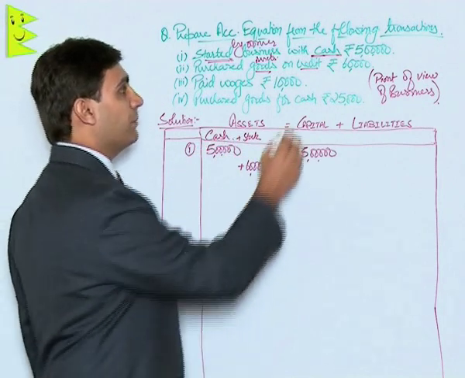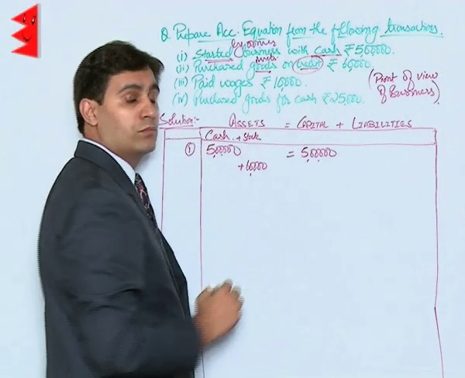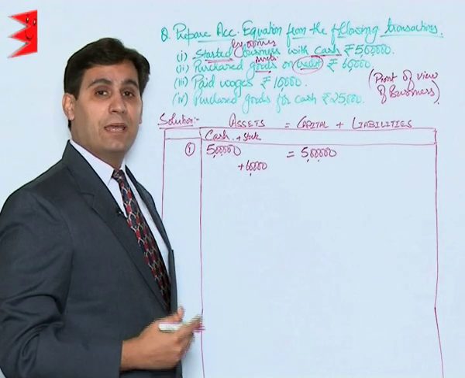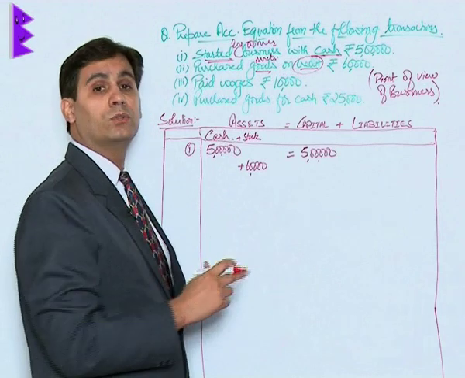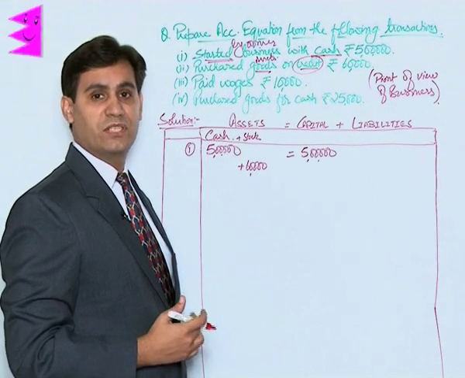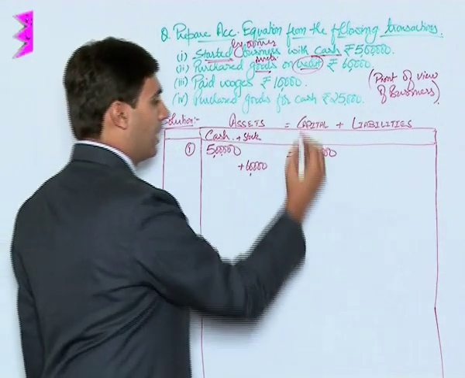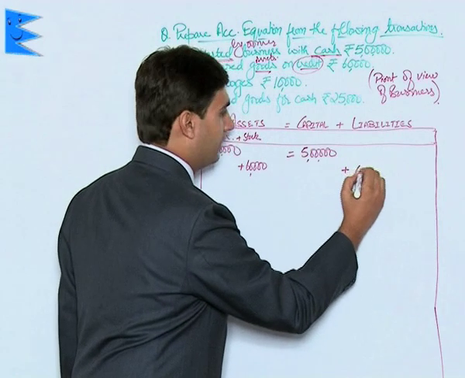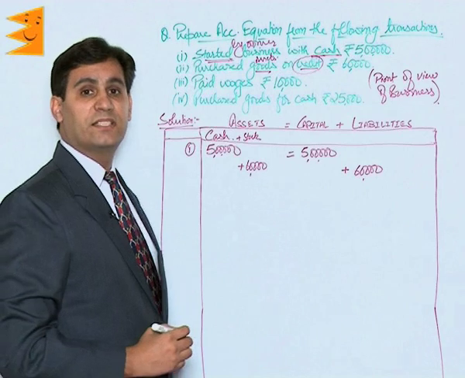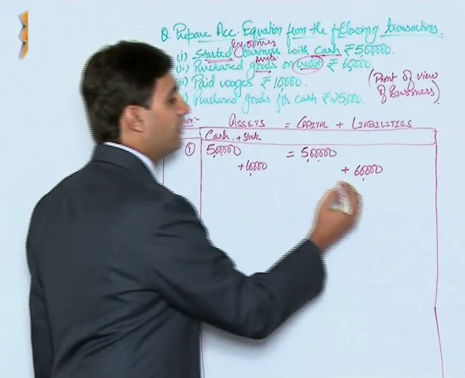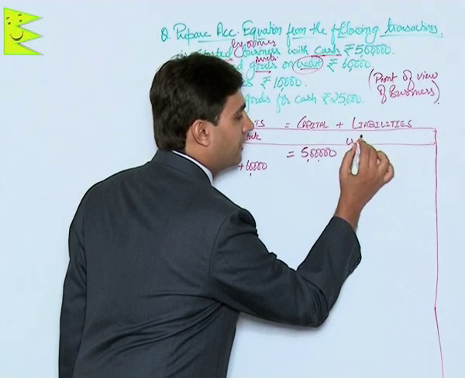Now, these goods are being purchased on credit. Credit means our liabilities have increased. We have to pay this amount of 60,000 to some person from whom we have purchased these goods. So, there will be a corresponding increase in our liabilities to the extent of rupees 60,000. We must mention that these are our creditors.